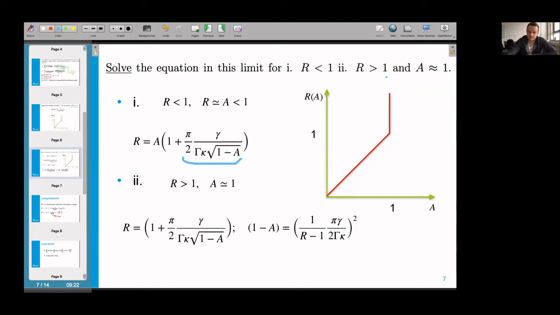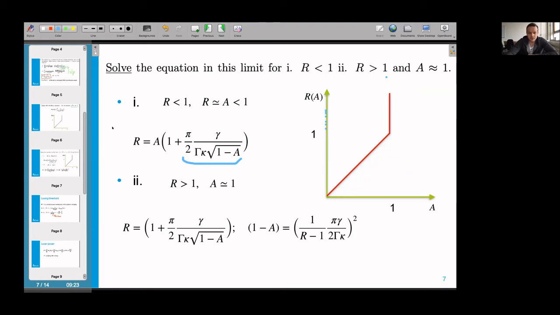Now one can clearly see that when a is equal to 1, there is a divergence of this expression. And this is the second case here, when r is bigger than 1, meaning we look at values that are bigger than 1. A is of the order of 1. It cannot surpass 1, but it is of the order of 1.